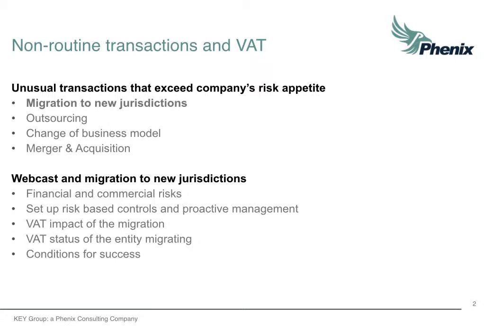Examples of such non-routine, significant business transactions are the migration to new jurisdictions, the setting up of a centralized business model, outsourcing activities to an internal or external shared service center, and merger and acquisition. This webcast will deal with the migration to new jurisdictions.